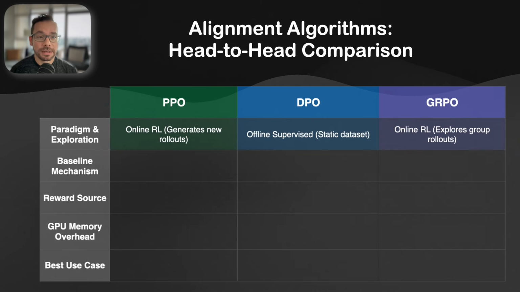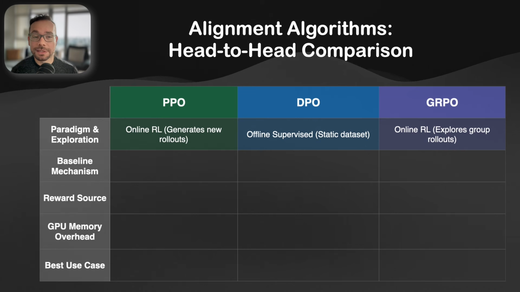They generate fresh rollouts during training and learn from what the active policy creates. That enables dynamic exploration. DPO is offline supervised learning on static data. It does not generate new text during training.